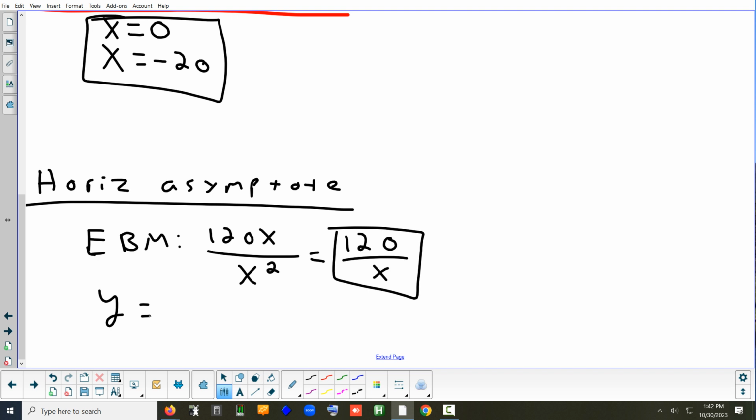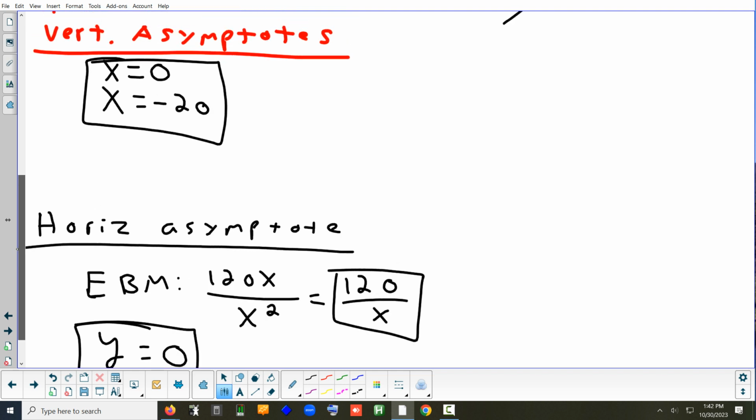You let x get really, really big, and you tell me what happens to the number in this box. As x gets really big, the bottom of this fraction gets really big. So this entire fraction would get really small, and it would get close to what number? 0. Yep. That is your horizontal asymptote.